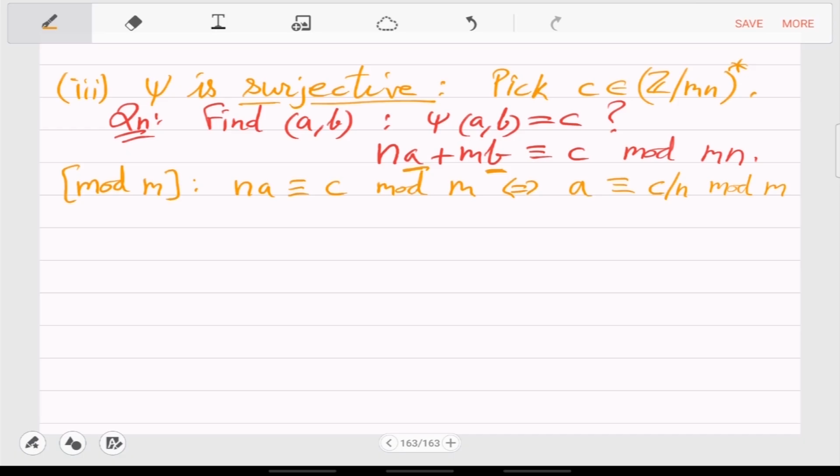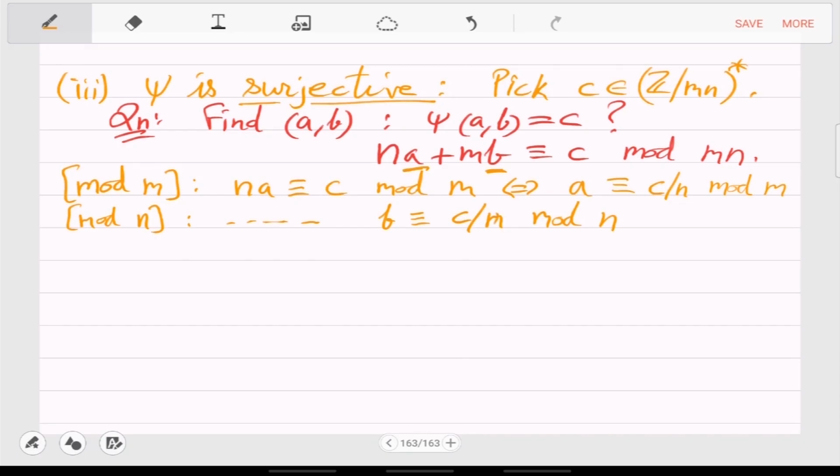But you have to show that this possibility works, which means that you have to find a B that goes with this. What is that? So you do this symmetrically. And this will give you that B is then C by M mod N.